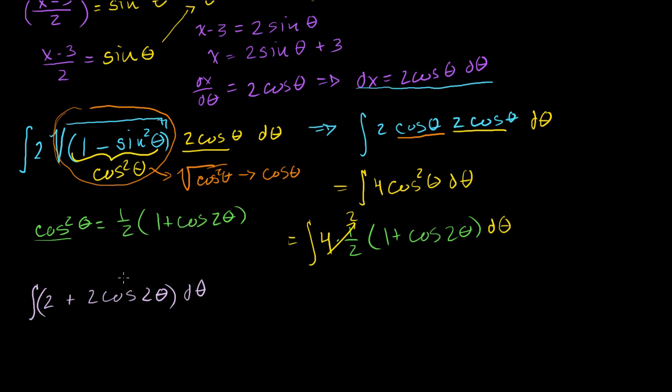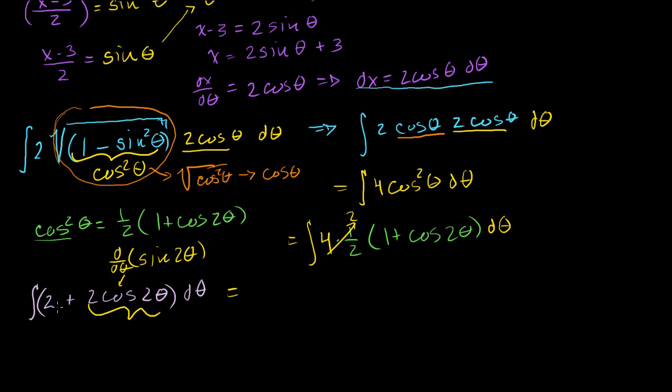What is this right here? This is the derivative with respect to theta of sine of 2 theta. Right? This whole thing. What's the derivative of sine of 2 theta? You take the derivative of the inside, that's 2, times the derivative of the outside, cosine of 2 theta. And this, of course, is the derivative of 2 theta.